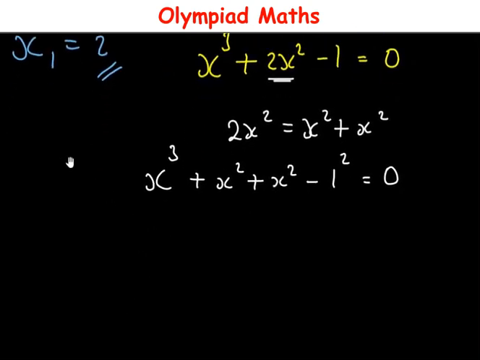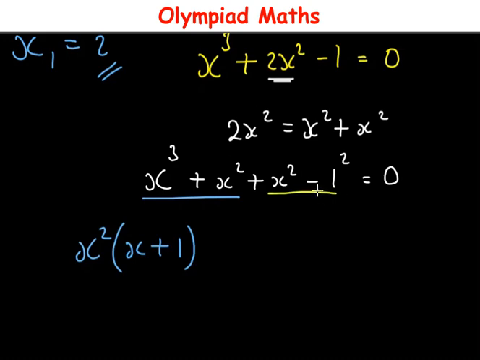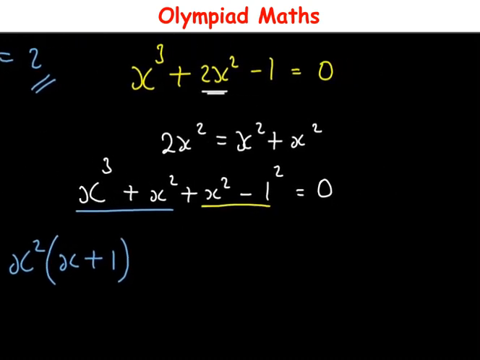With this, we're going to factorize out x squared from here: x squared into (x plus 1). Looking at this right here, it is simply a difference of two squares. If you have a squared minus b squared, this equals (a plus b) multiplied by (a minus b).